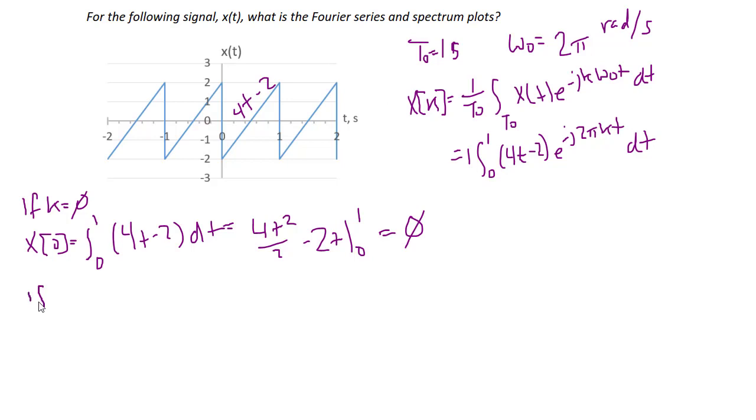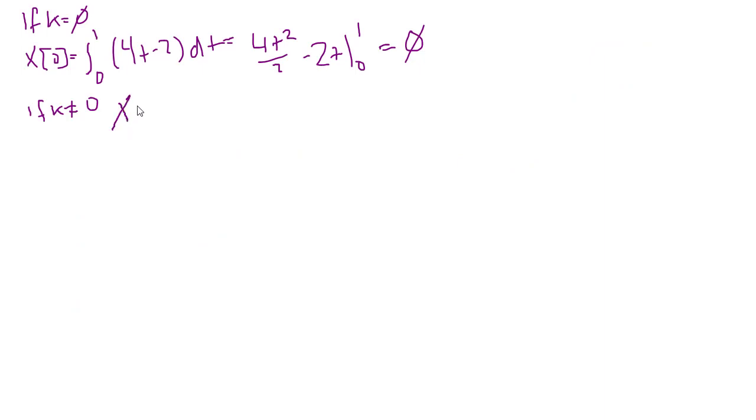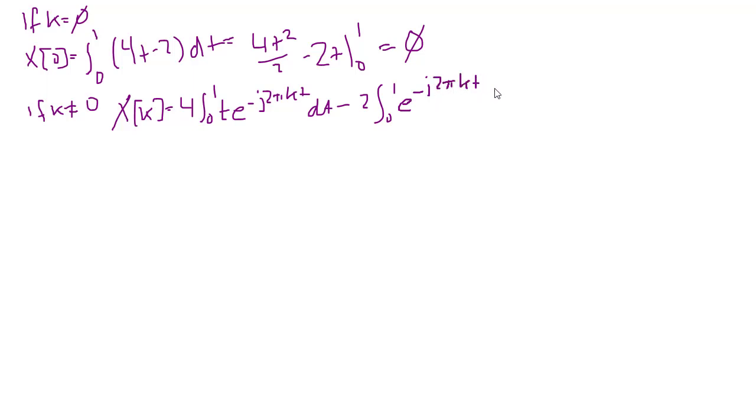So what if k is not equal to 0? X of k is equal to 4 times the integral from 0 to 1 t e to the negative j 2 pi kt dt minus 2 times the integral from 0 to 1 e to the negative j 2 pi kt dt. So for this first integral, we're going to have to use integration by parts.